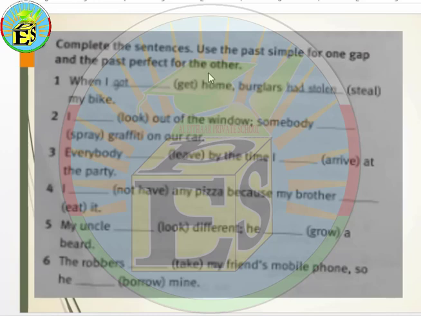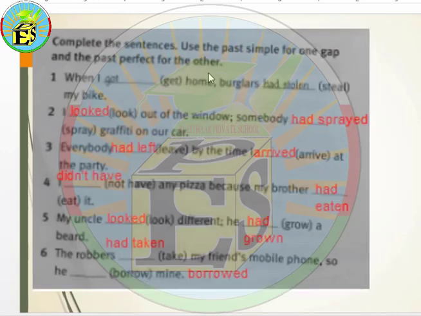Have you finished? Let's check your work. Number 2. I looked out of the window. Somebody had sprayed graffiti on our car. So the first event had sprayed and the second one locked. Number 3.